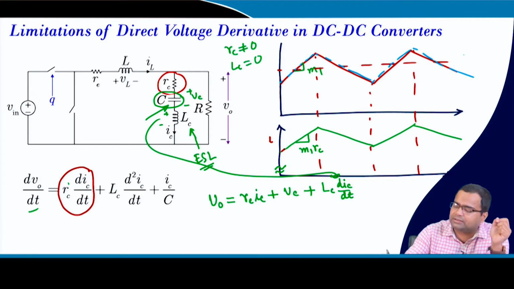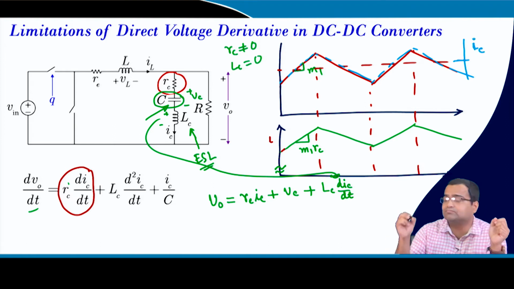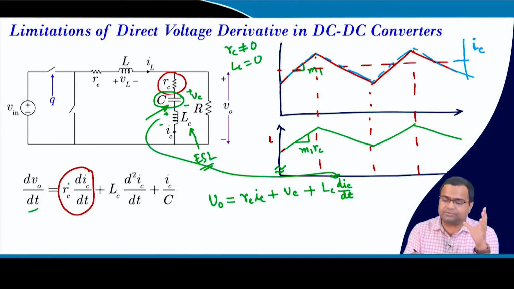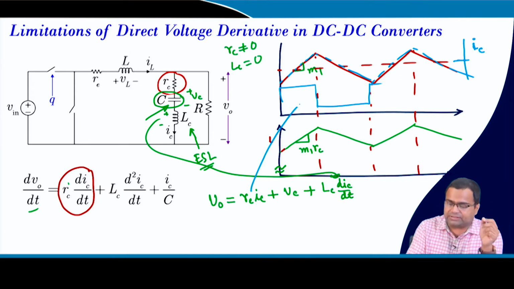So, this axis is my capacitor current axis. Now, if we take the derivative, here you will get a positive one, here negative one, and this is due to this term.